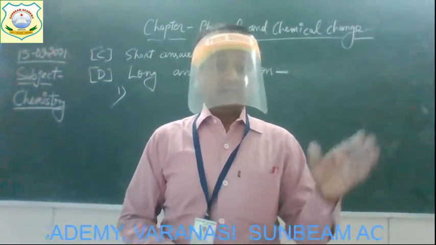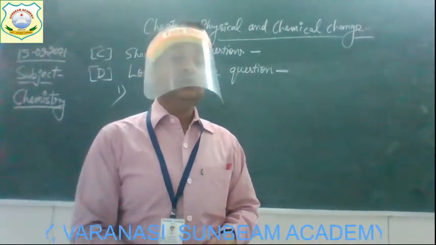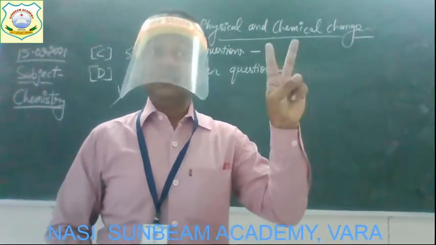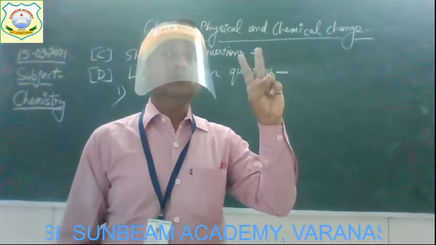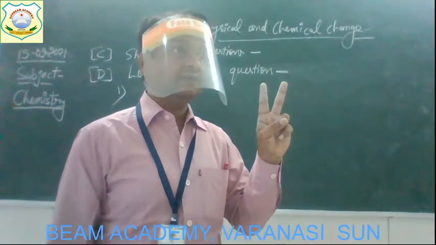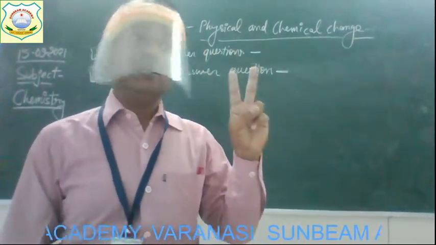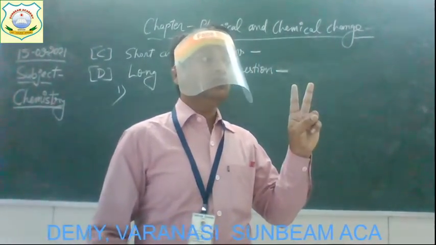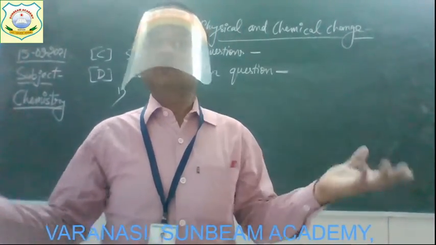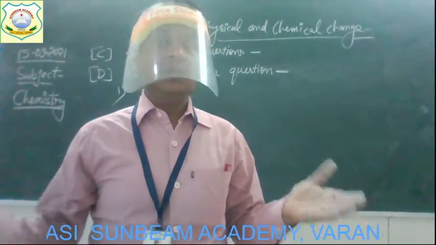Rusting can be prevented by not allowing the iron to come in contact with moisture and air, because moisture and air are the two substances responsible for rusting. These are the two factors by which rusting occurs, and if we do not allow these two substances to reach the surface of iron, what will happen? Iron will not rust. The rusting process will not occur.